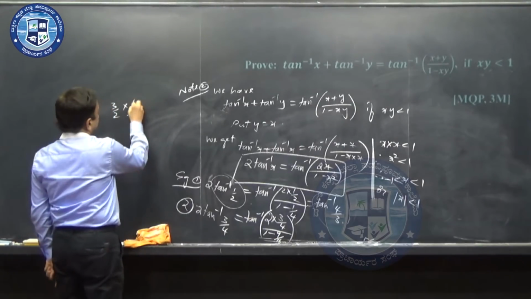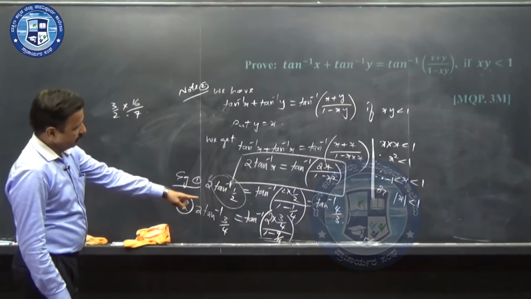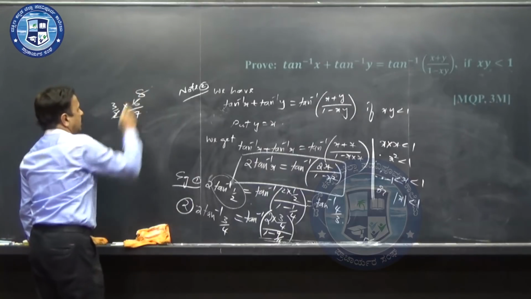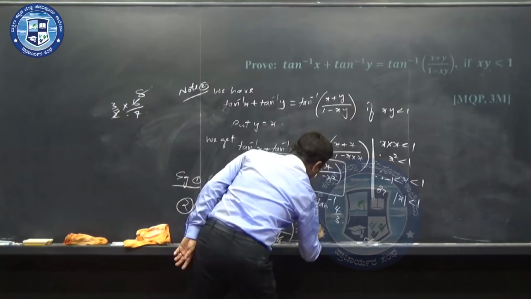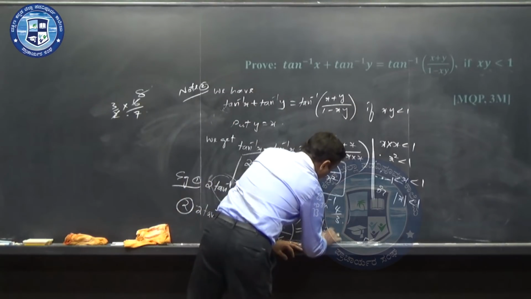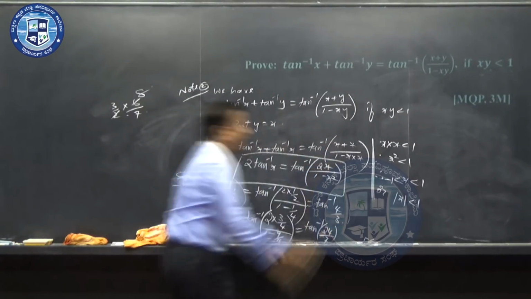So, this will be 16 divided by 7, correct. 16 minus 9 is 7, 7 by 16, 16 by 7, this is 8, 8 into 3 is 24. The answer is tan inverse of 24 by 7.